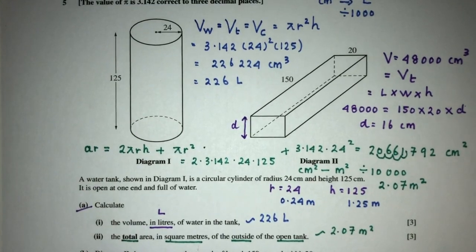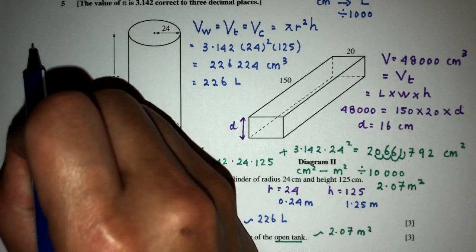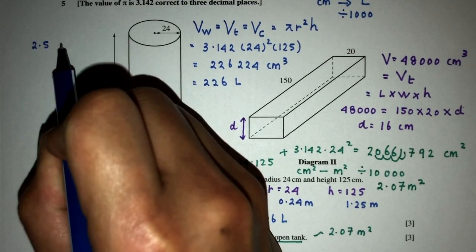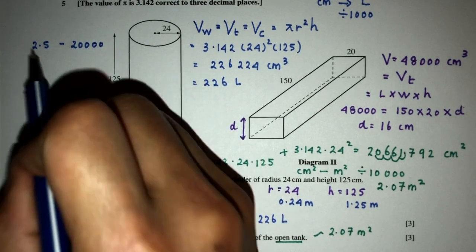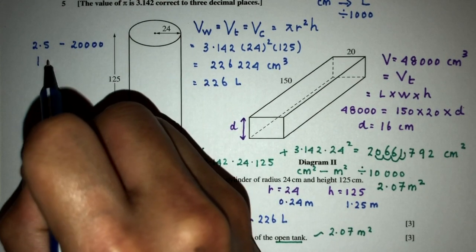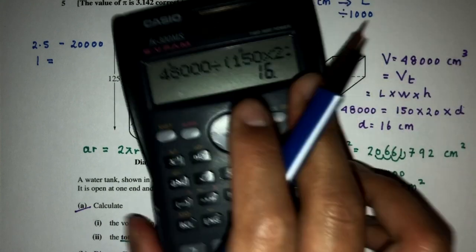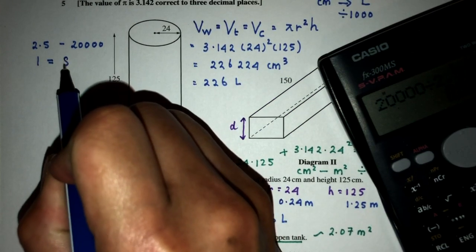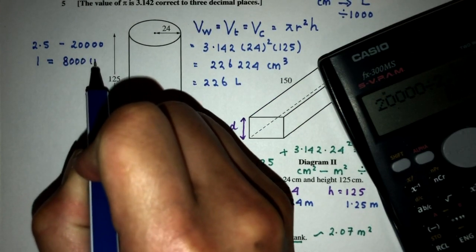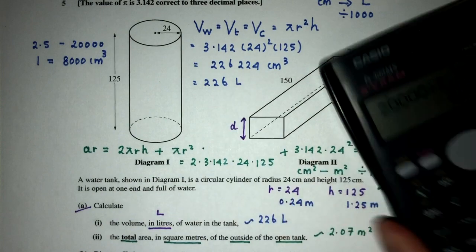Now, we can do one thing first: if in 2.5 hours we are losing 20,000, what about 1 hour? We divide by 2.5, so you'll be losing 8,000 centimeter cubed in 1 hour.